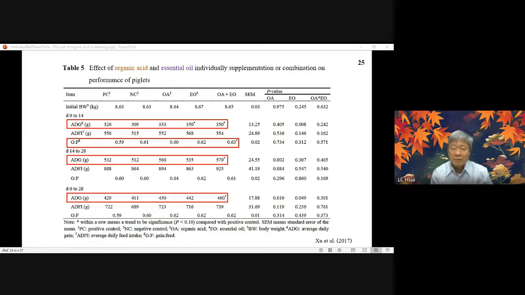One is to say no difference. And if they are always better than another treatment, you can say they maybe have a benefit. In this case, all of them have better performance compared with the negative control, so they have a positive effect.